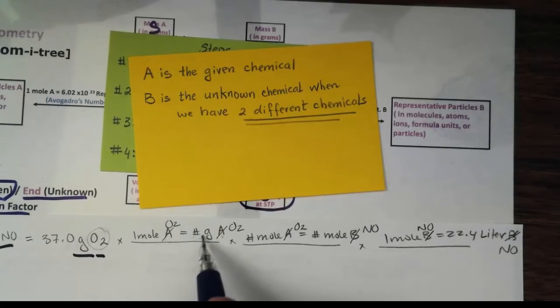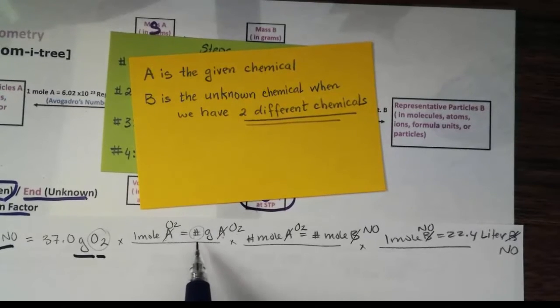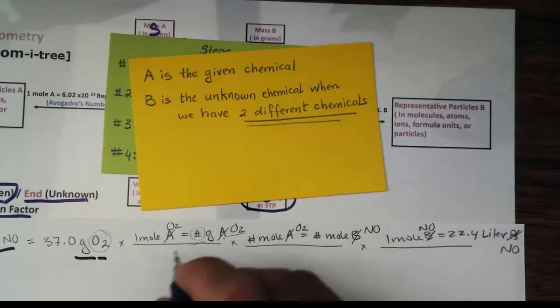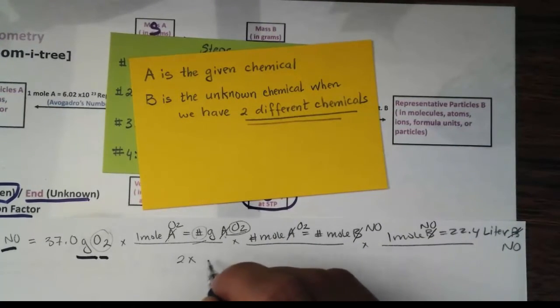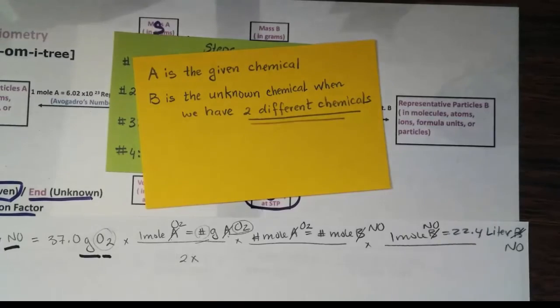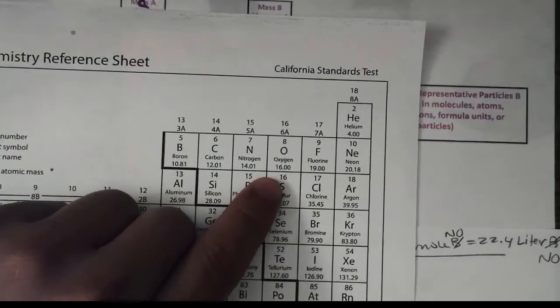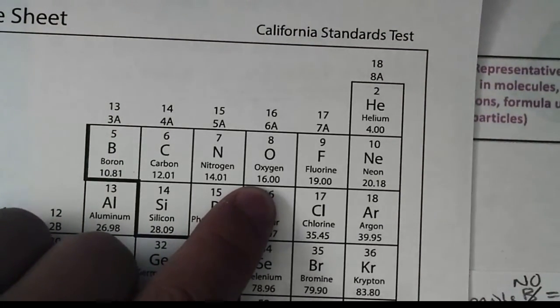So let's go back and look at the number. First of all, how do I get the number of grams of O2? This is something you learned a long time ago, and that is we need to find the molar mass of O2. And O2 has 2 oxygens, so we take 2 times 16, and 16 is the molar mass of oxygen, as you can see right there. This is the molar mass of 1 oxygen.